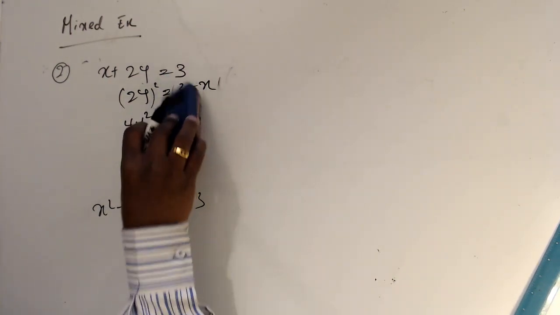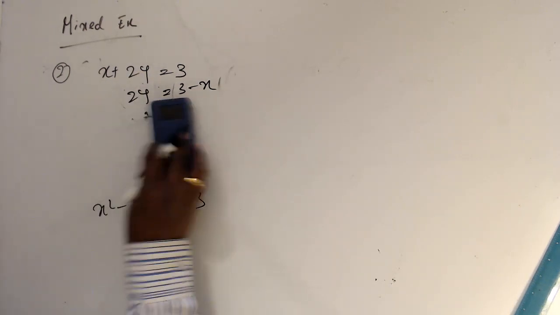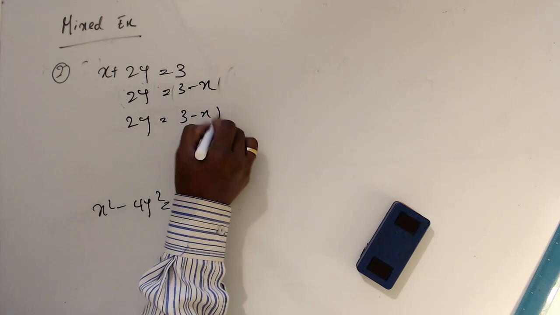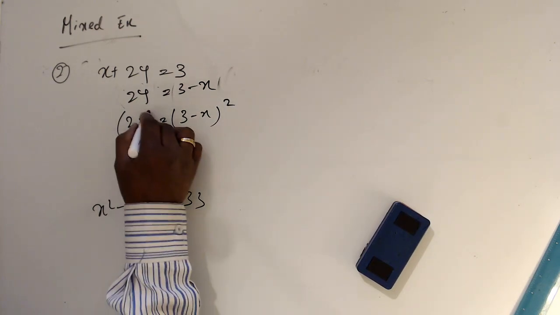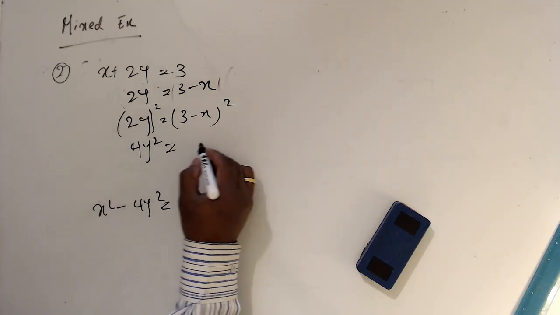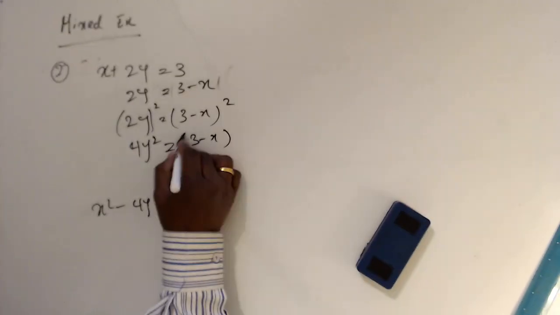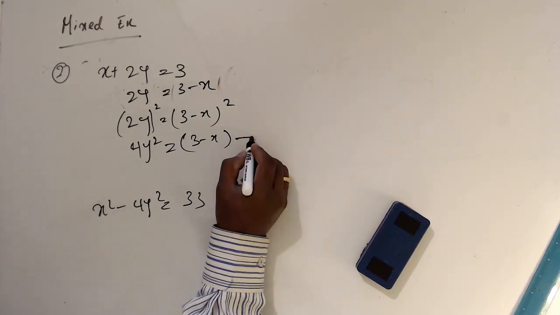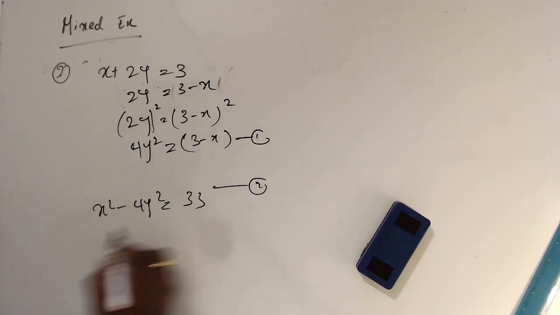Actually, it's better to write it in two steps. 2y equals 3 minus x. Then I square this: 4y squared equals (3 minus x) squared. Now this is 1 and this is 2.